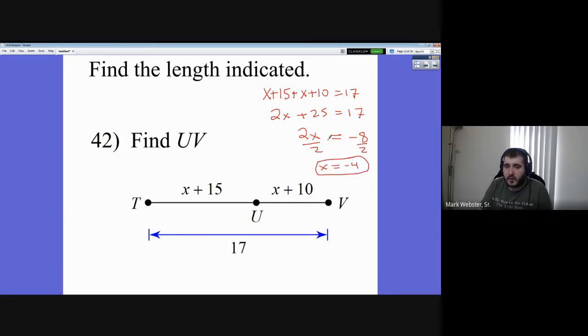Get x, but we want to find the length indicated. So we found x. That's not what we need to do. We need to find UV, right? So we're going to come back here. Here's UV. That's x plus 10. So we want to take -4, put it where x goes.